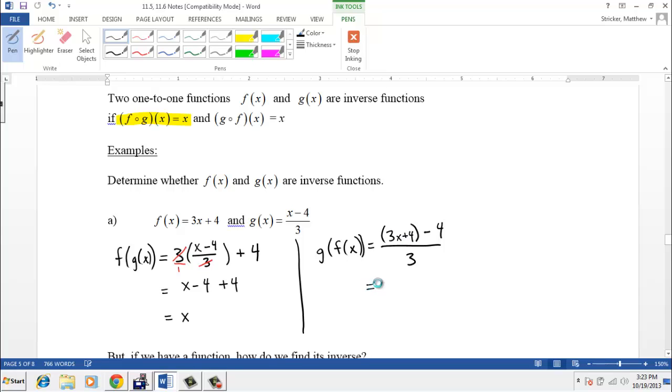Well, see if we put that in, the plus 4 and the minus 4 cancel, and we get 3x over 3, which again we see is x. So we can say yes, f of x and g of x are inverse functions.